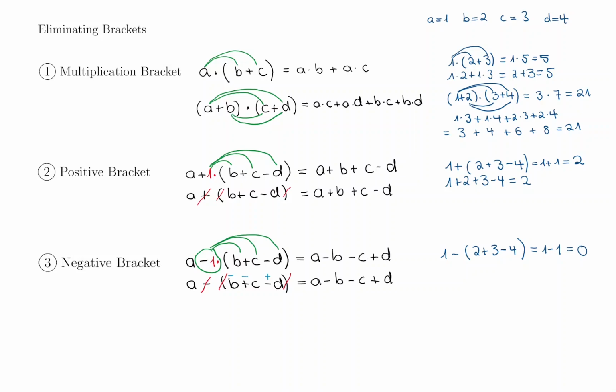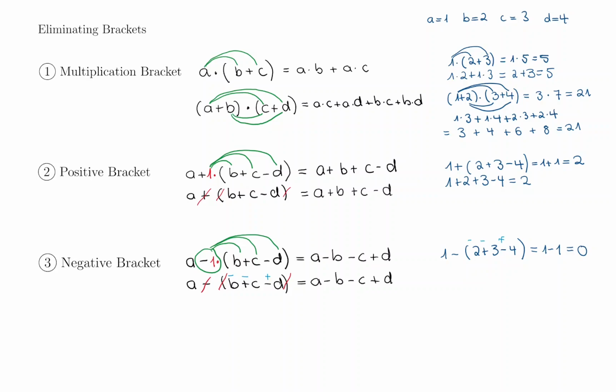Or we could use our rule, so we could throw away the sign and the brackets and change the signs. So here I write it down. We have a plus, so this has to become a minus. This has to become a minus as well, and this has to become a plus.